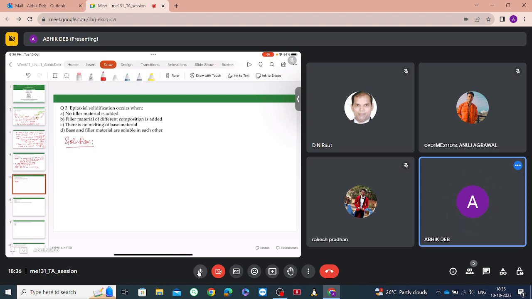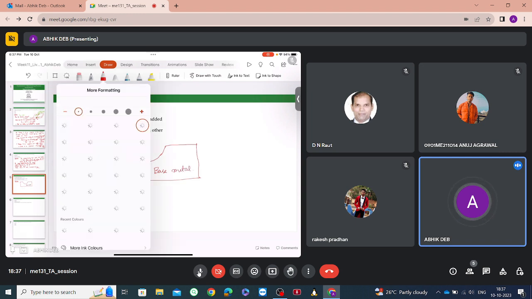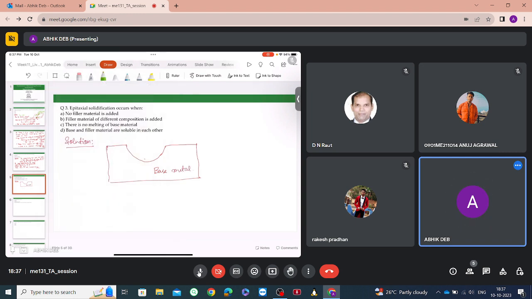Okay, so say this is the base metal which is melted. When this has melted, the grains in the base metal were in this structure.